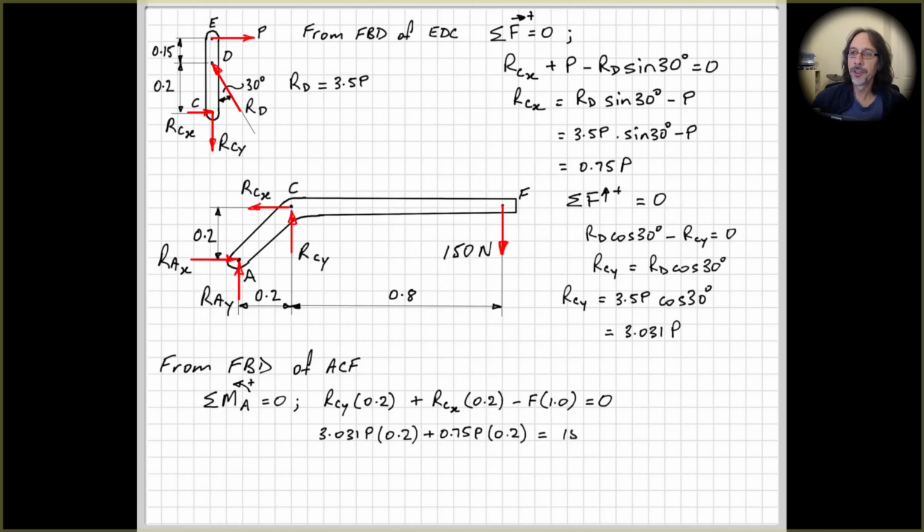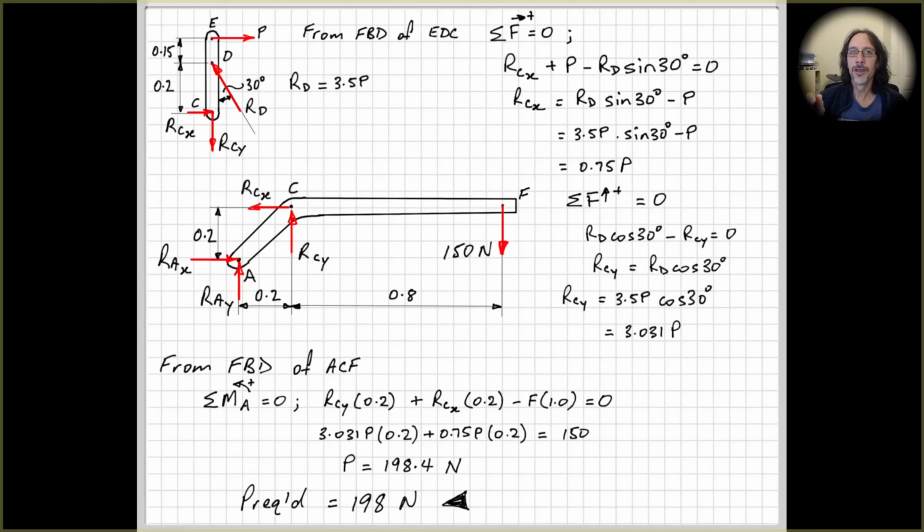So now if I substitute in from what we calculated up here, we've got RCX is 0.75P and RCY is 3.031P. So I've just substituted those into my equation. So now I'm left with one equation with one unknown, which is the force P that we're trying to work out. So do the algebra and I get P required equals 198 newtons.